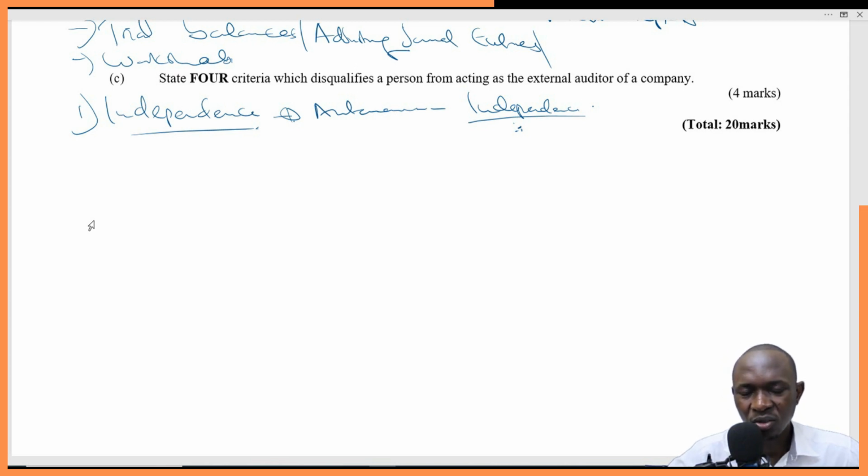The moment you can come up with such a decision which is not objective or which has been compromised, we say that you've lost your independence, and as such you are not qualified to act as an external auditor of that particular company. So one of the things that can disqualify you is lack of independence.